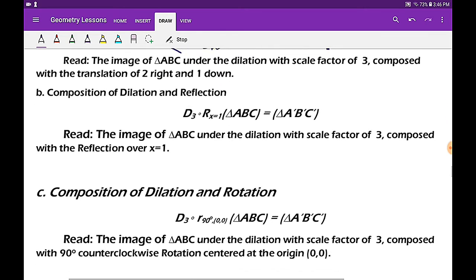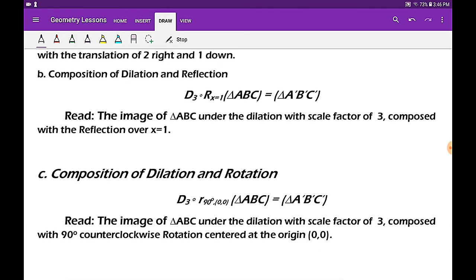Next, composition of dilation and reflection. How do we read this again? The image of triangle ABC under the dilation with scale factor of 3 composed with the reflection over x equals 1.